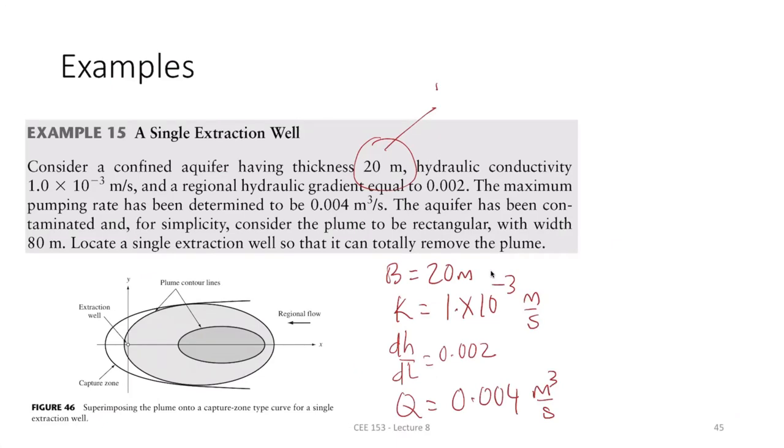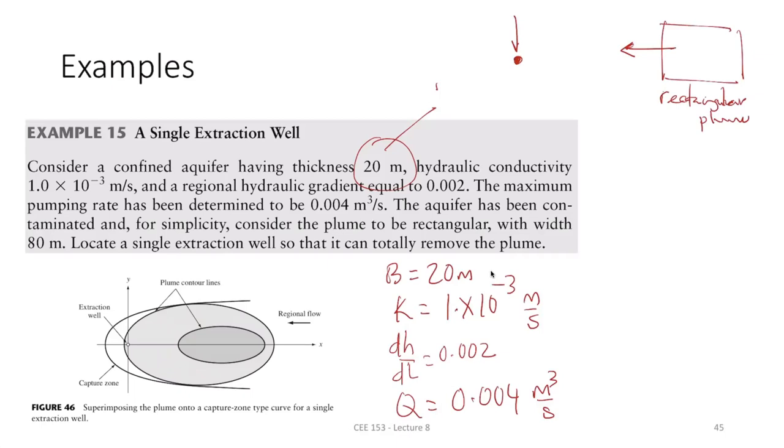The aquifer has been contaminated, and for simplicity consider the plume to be rectangular. So you are saying that this is the pumping well and the plume is coming like a rectangular plume, moving in this direction, and you have to capture it with a width of 80 meters.